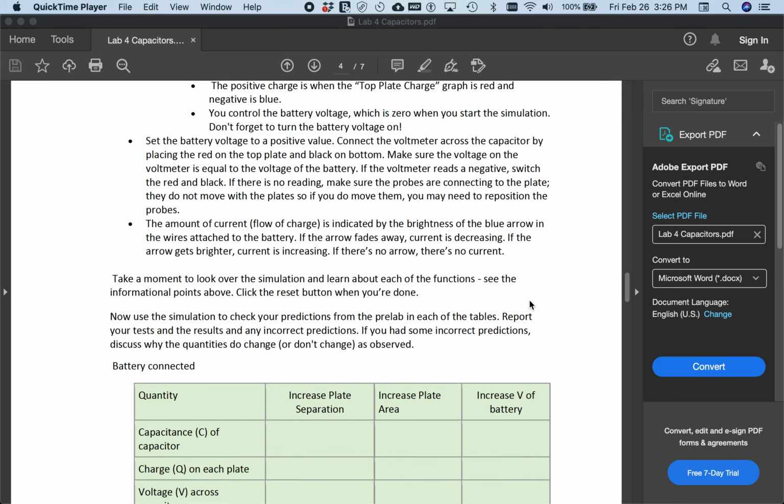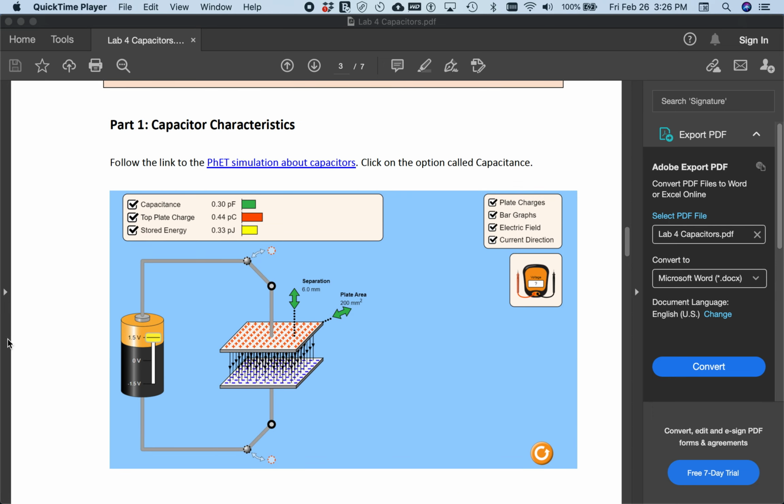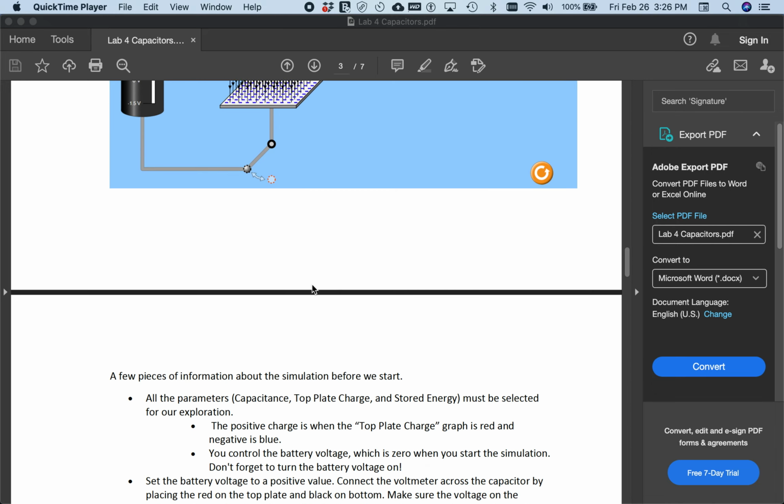So if you look at the setup here, we have a battery, we have plates, and the plate area and plate separation are given.